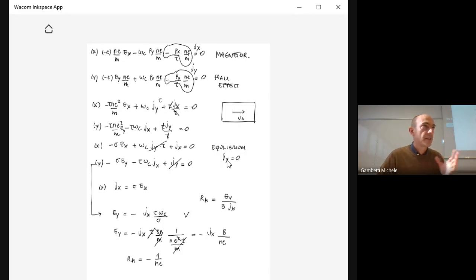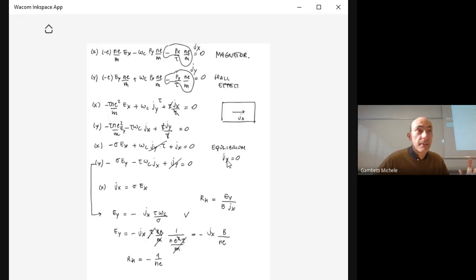There's no strong physical motivation behind the physical origin of the collisions. So due to the fact that we have a question mark on who is producing collisions, we also have a question mark on tau. So tau is needed, but what is the origin of tau? At the moment, we do not know. And the fact that here you have no tau is important because that is a quantity that does not depend on the details of the scattering mechanism.